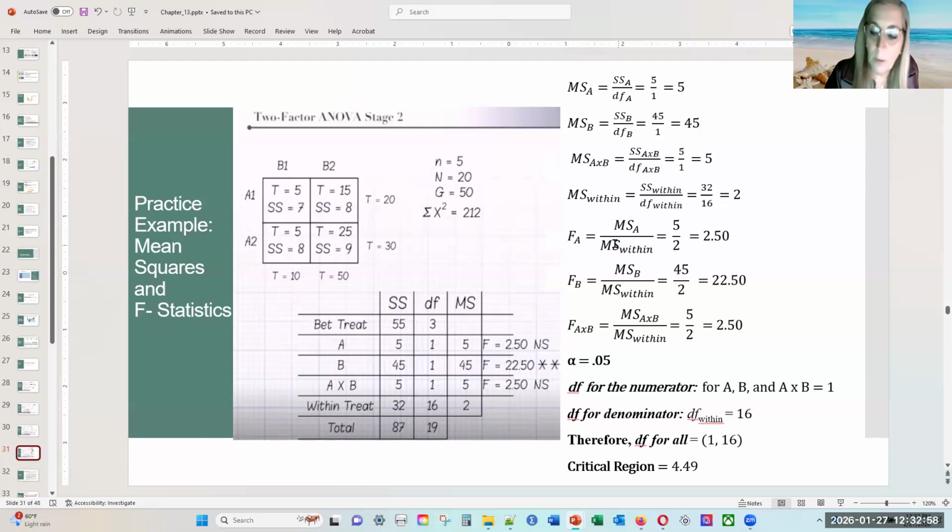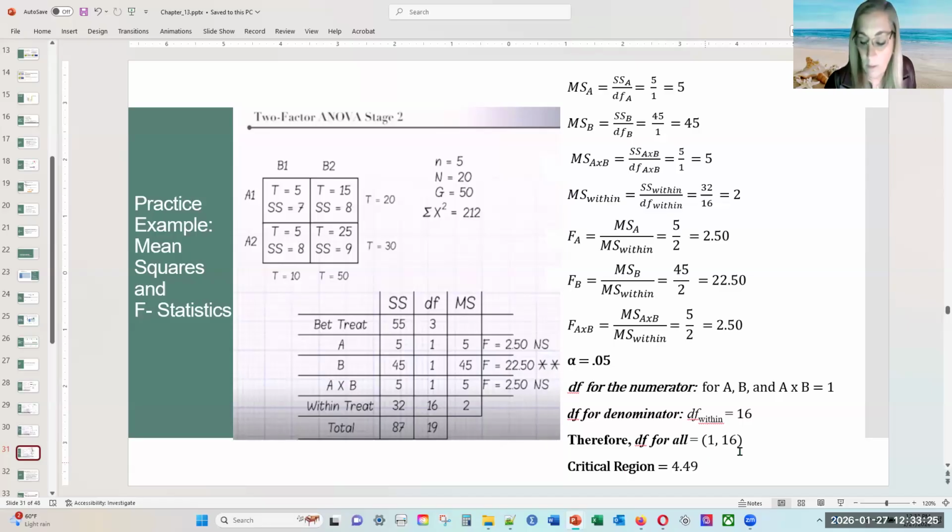And then we can plug in all those scores to finally arrive at our F statistics for each factor as well as the interaction. And we can evaluate for alpha 0.05. All right, let's see. Degrees of freedom within equals 16. So therefore, the degrees of freedom for all is 1 and 16.